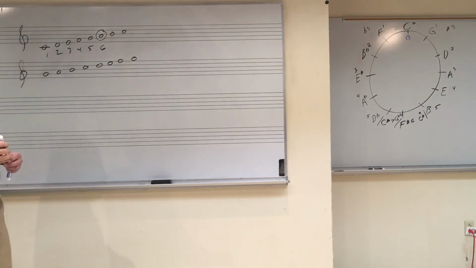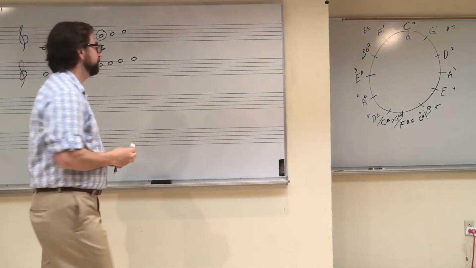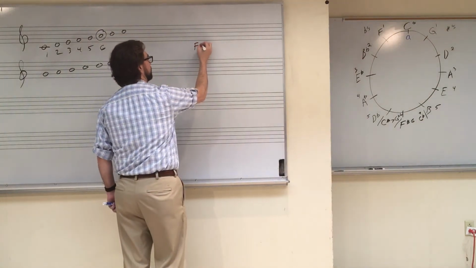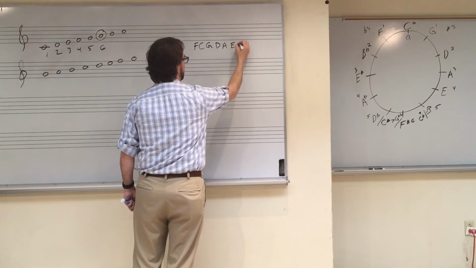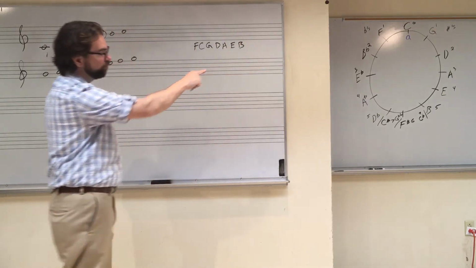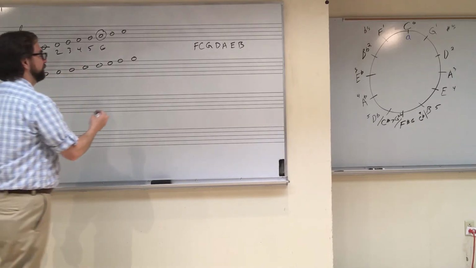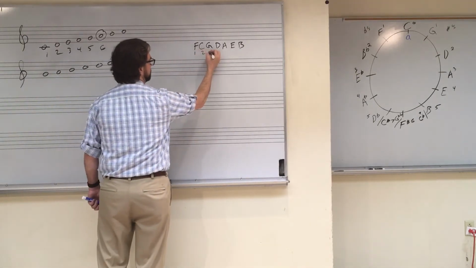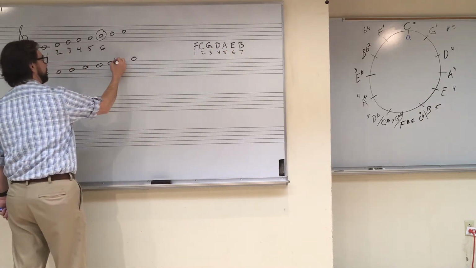And then remember my order of sharps, I start on F, and then I just move in fifths. So F, C, G, D, A, E, B. There's 1 sharp in G major, so I find my F sharp because that's the first sharp. And I just make this sharp.